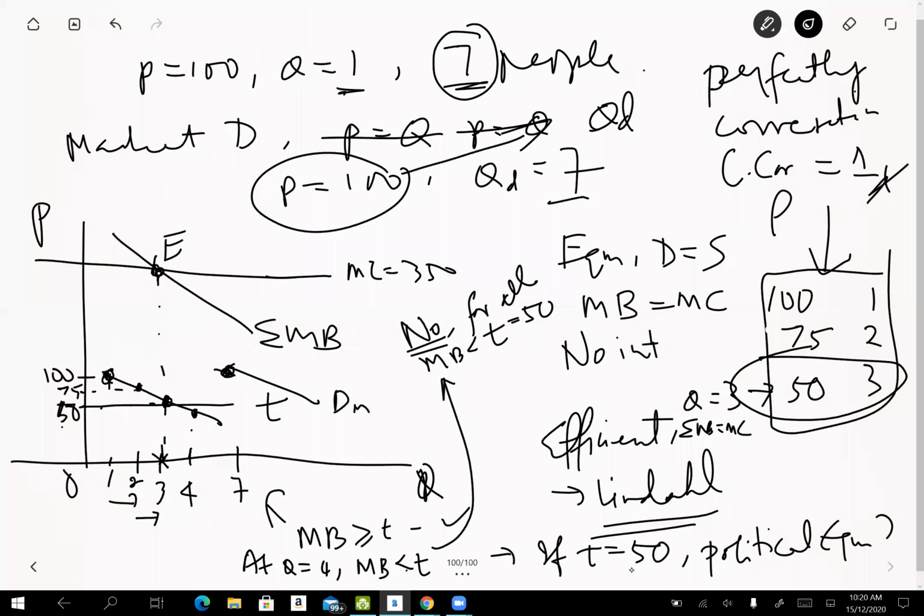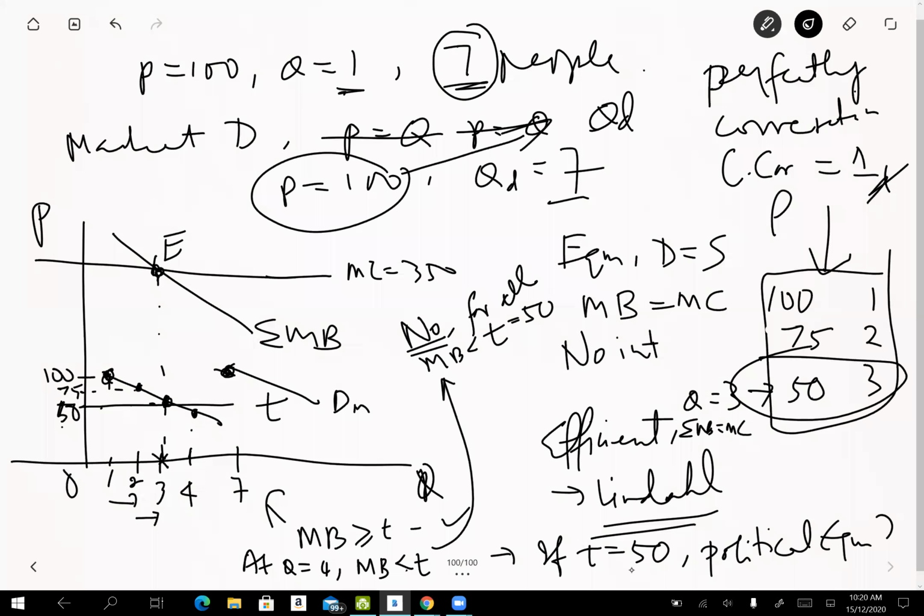So what is the political equilibrium? Here, you cannot have a simple majority because everybody's demand function is the same. So what we learn here is, if everybody has the same demand function, what is the outcome of the voting?